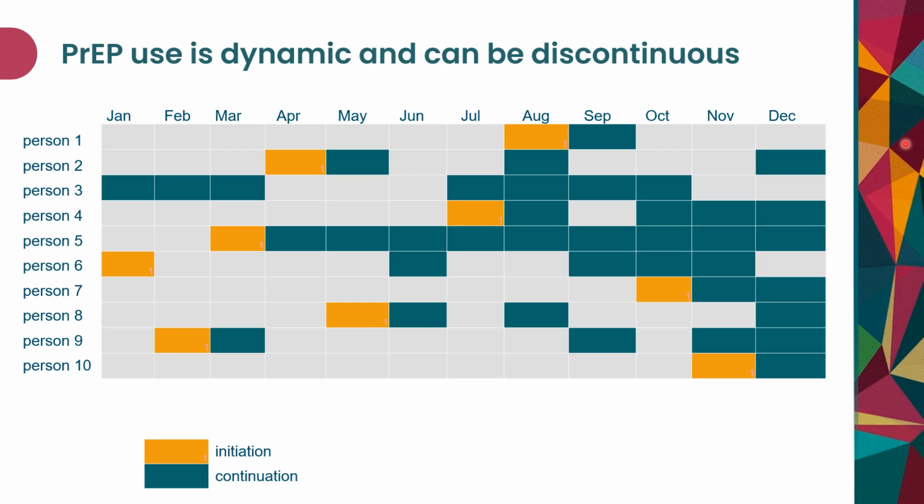Therefore, when setting targets for PrEP, we need to ask not just how many people, but how often are they accessing PrEP? How much PrEP will they use? Without some information about the duration and frequency of PrEP use, we can't project costs, forecast product needs, or estimate the impact of our targets.